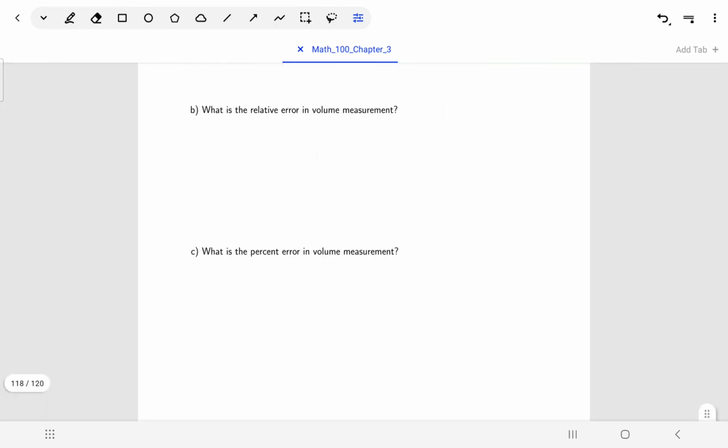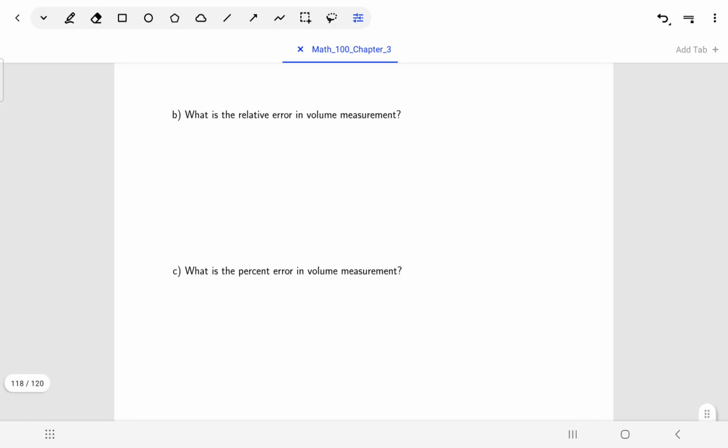So what does that mean in terms of relative error? Here we want to compare the error that we have to the actual value. I know that the relative error should be delta y over y, but we're going to approximate that with dy over y. dy we just found.